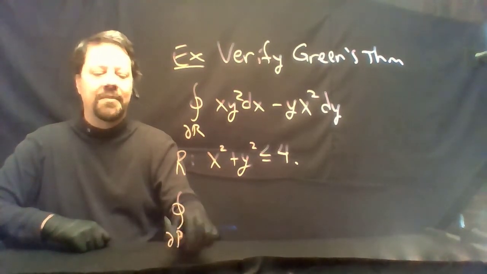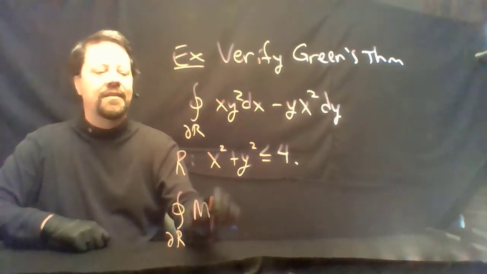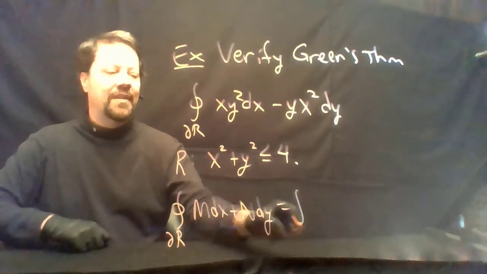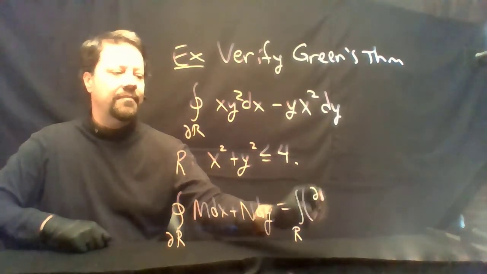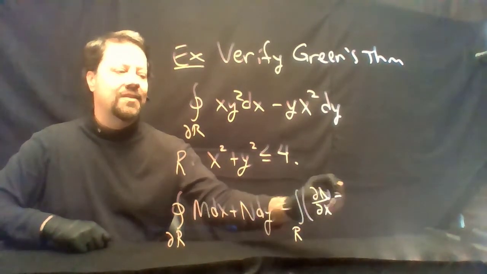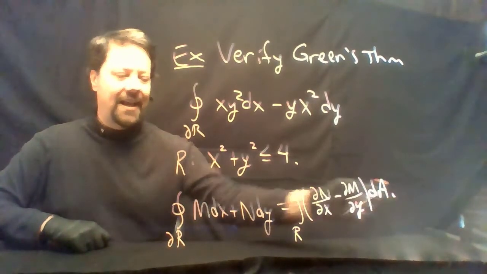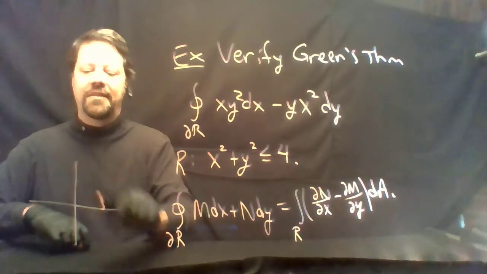For Green's theorem, you integrate around the boundary of the region, m dx plus n dy. You end up integrating over r, dn dx minus dm dy dA. The region is a disk of radius 2.